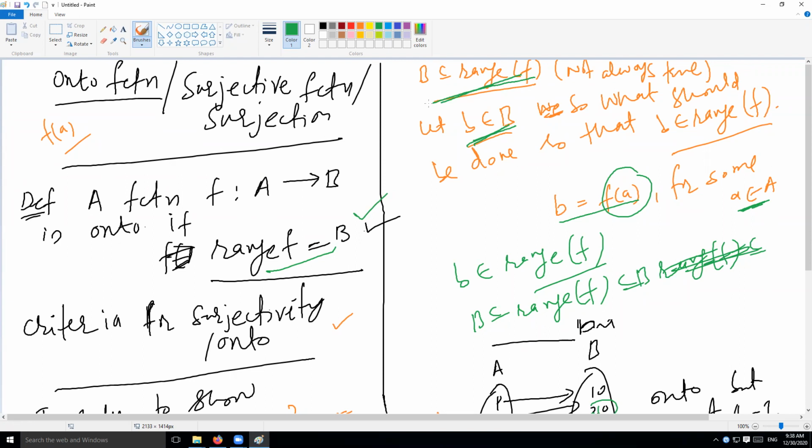And in order to prove that B is a subset of range of f, pick an element from codomain and try to find its preimage actually. Try to find an a on which if you apply f, you're gonna get b. Okay, so that's really the criteria.